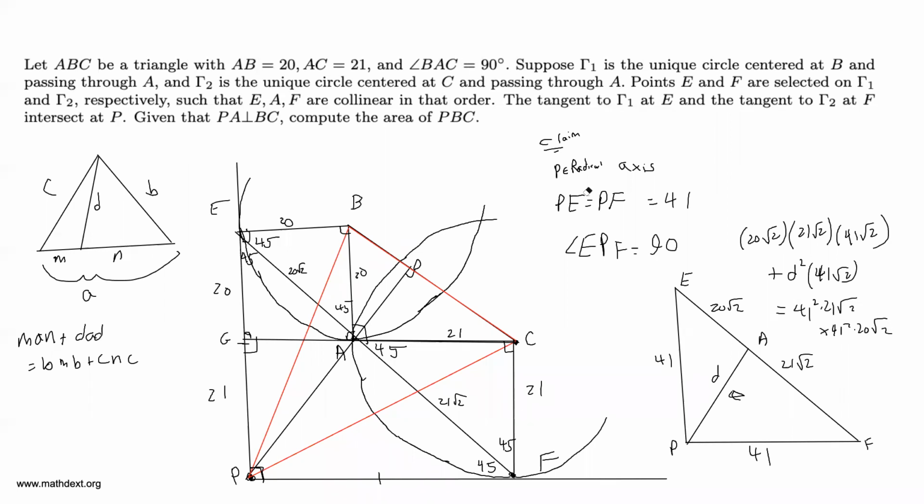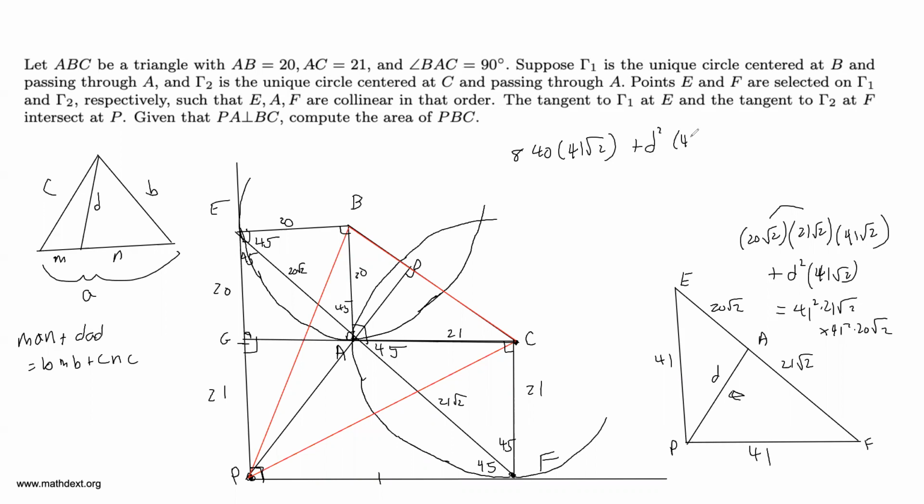Okay, now I'm going to give myself a tiny bit more space by getting rid of this stuff. We have these two terms with a product of 420 times 2, which is 840, times 41 root 2, plus D squared times 41 root 2 equals this right-hand side.